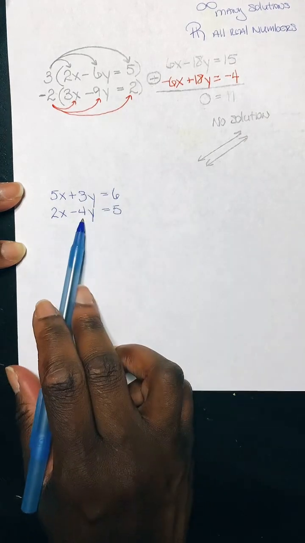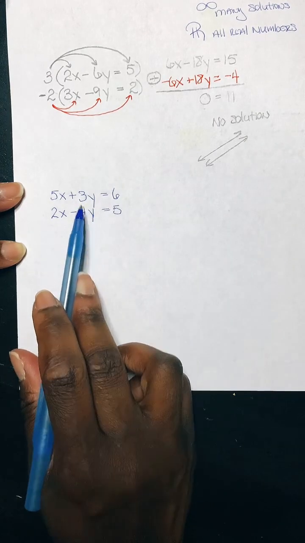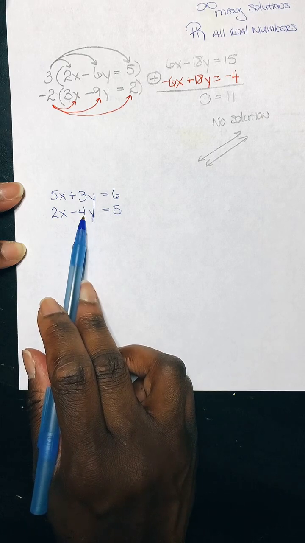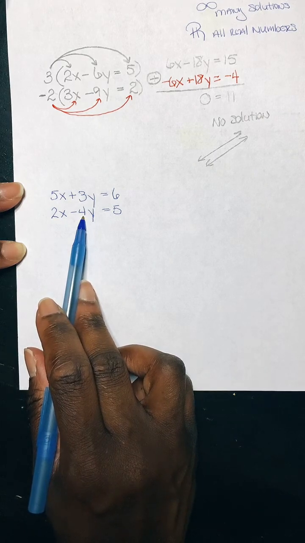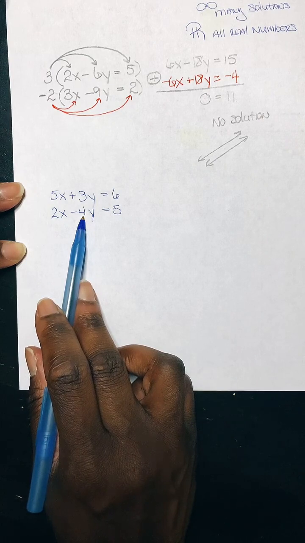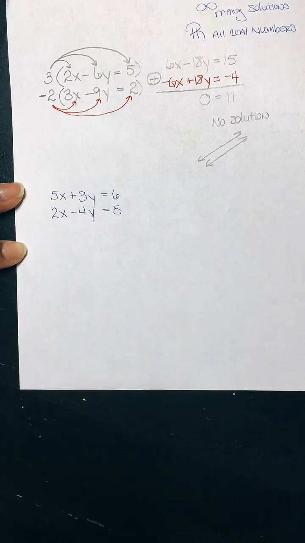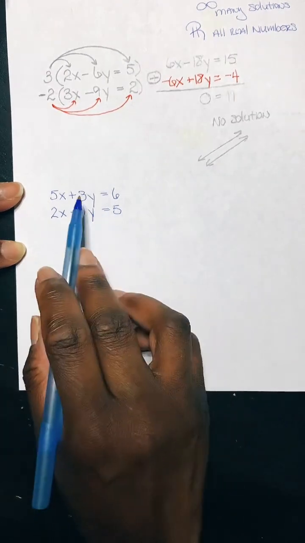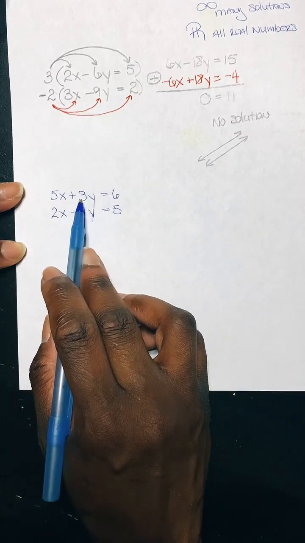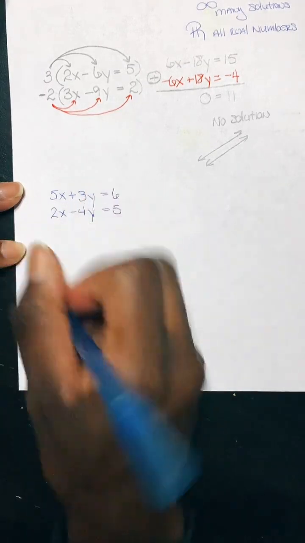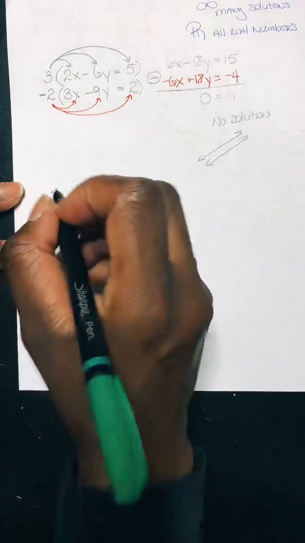Now I want to see what number 3 and 4 both have in common. Besides the 1, what else do they have in common? There we go, 12. So if I want to make this 3 into a 12, I need to multiply by 4.